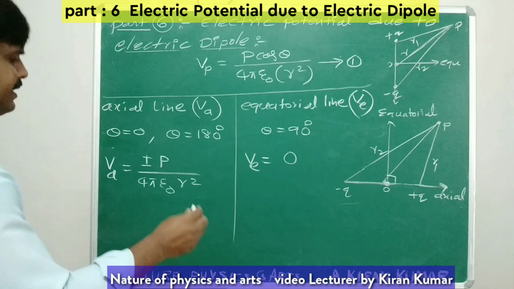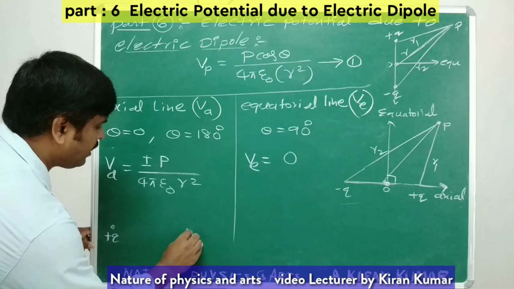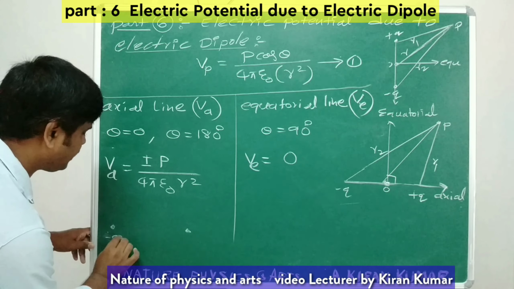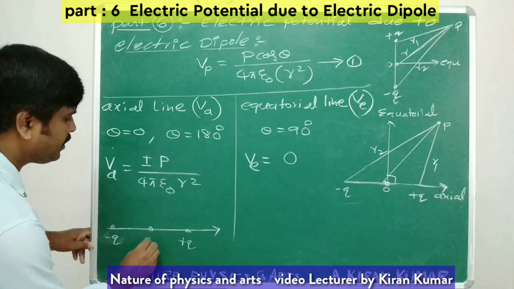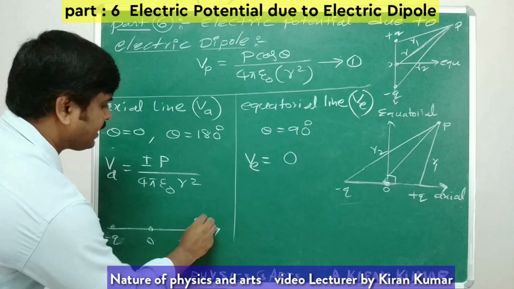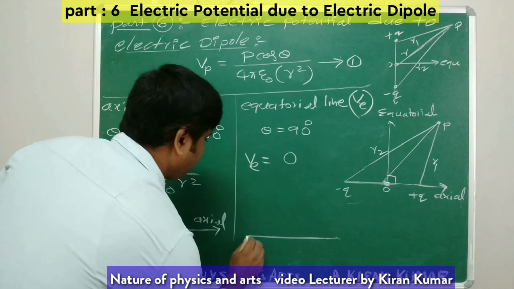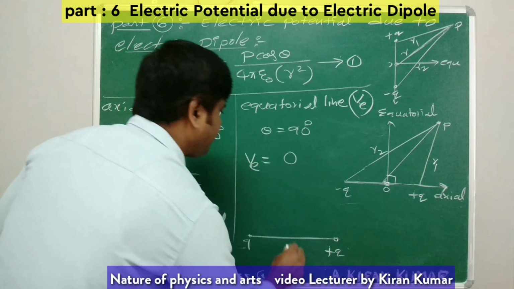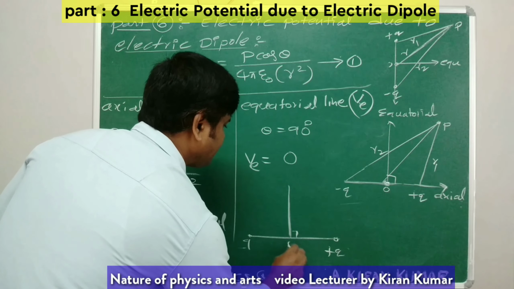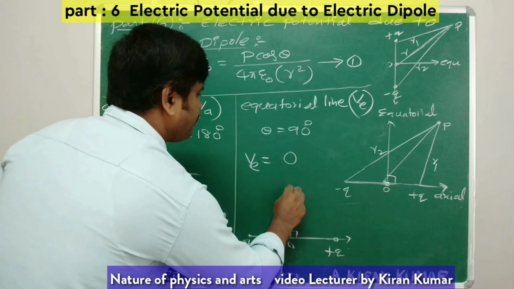So the axial line is like this: a positive charge, a negative charge, and a positive charge along this direction, with O as the center. Next, the negative charge and the positive charge. The equatorial line is perpendicular to the axial line and passes through the center.